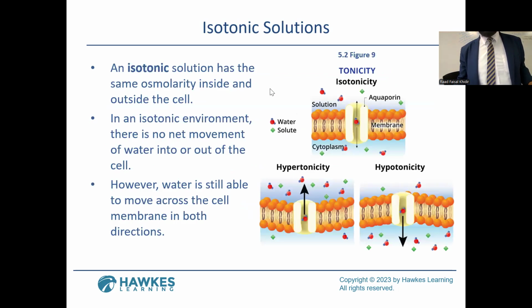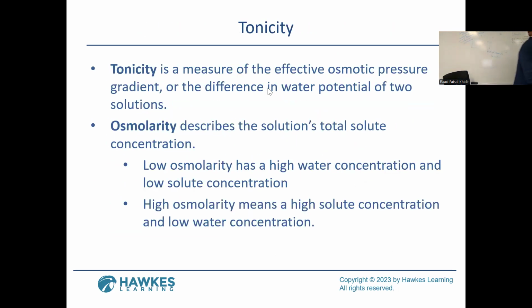So now you have 3,000 outside, 300 inside. What's the direction of water movement? Going out. So what's going to happen to the red blood cell? It's going to shrink.